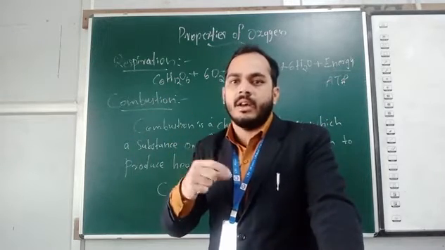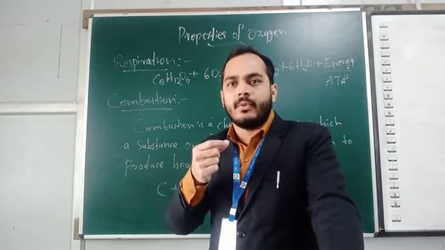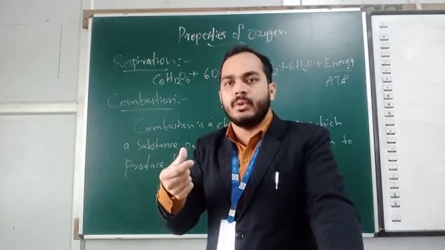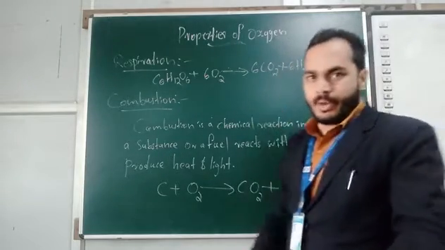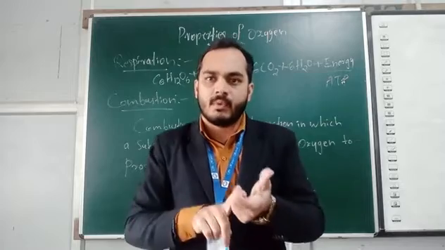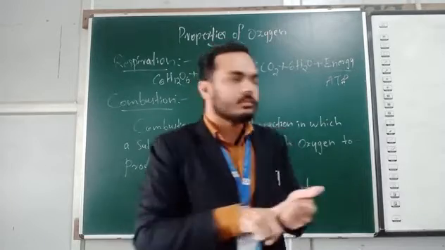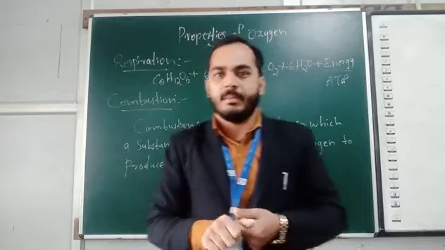This oxygen reacts with glucose to produce different types of byproducts. The byproducts are, first one carbon dioxide, second one water vapor, third one energy, in the form of ATP.